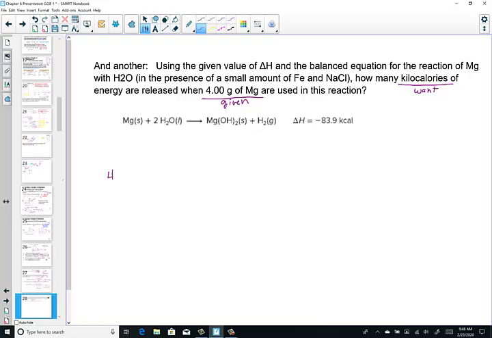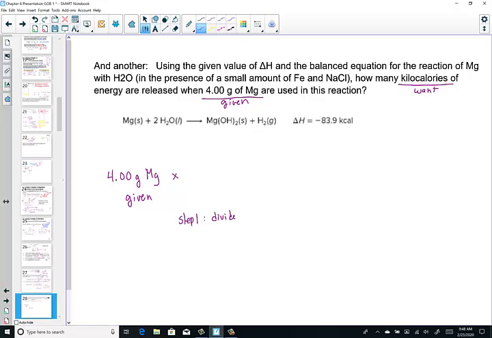We're given 4.00 grams of Mg. Now I know that coefficients stand for moles. So therefore, no matter what unit I'm given, my job is to get it to a mole. So in step 1 of our stoichiometry roadmap, we divide.